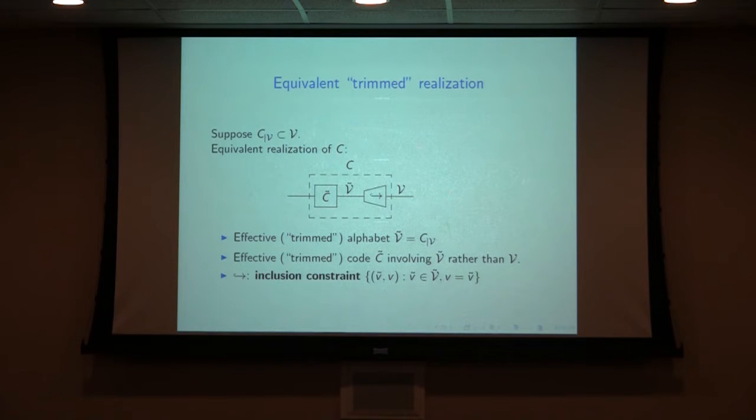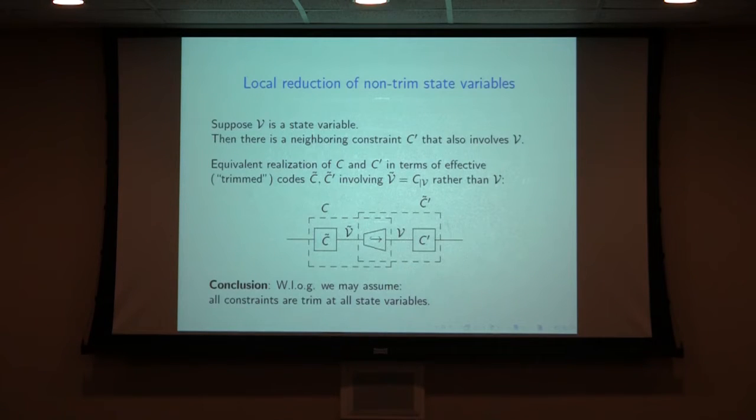And then to get something equal to the original constraint, we define the trim constraint as the same as this, except it's going to use this alphabet rather than the original V. And then we'll put in an inclusion constraint here that's basically driven by V tilde. It says that V has to equal V tilde. That's the effect of this inclusion constraint, cap V tilde being a subalphabet of V. All right, so that's an equivalent realization, and its graphical form.